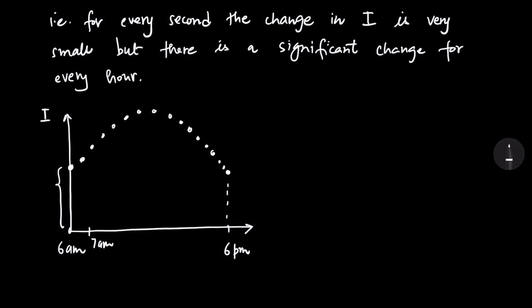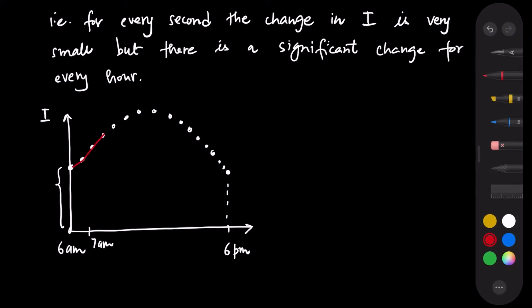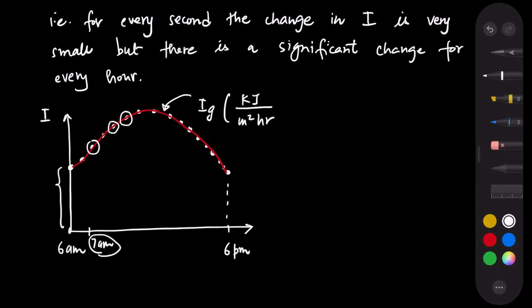If I join all the points, this line represents Ig, and the unit is kilojoule per meter square. Every point on this graph represents the value on an hourly basis.